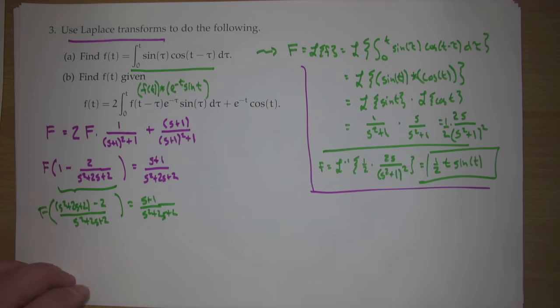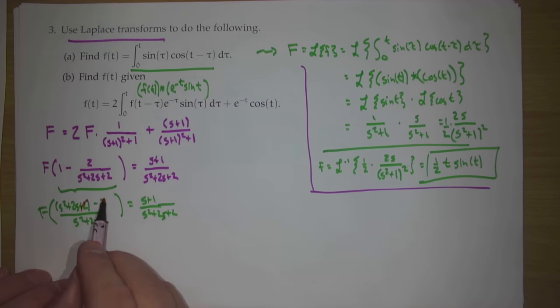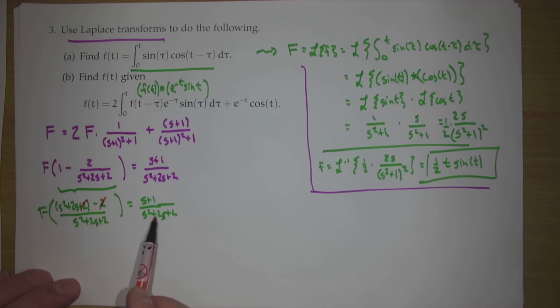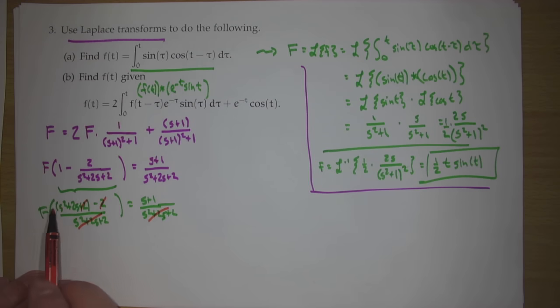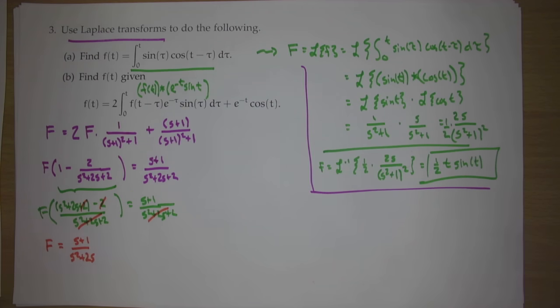Well, what can we do? Simplify, sure. We can cancel some 2's. Since these are on both sides in the same place, those will cancel as well. So what do we have? We have that capital F is s plus 1 divided by s squared plus 2s.